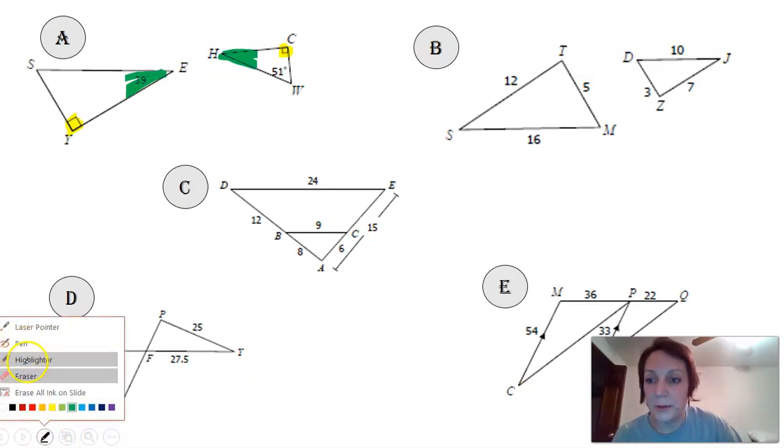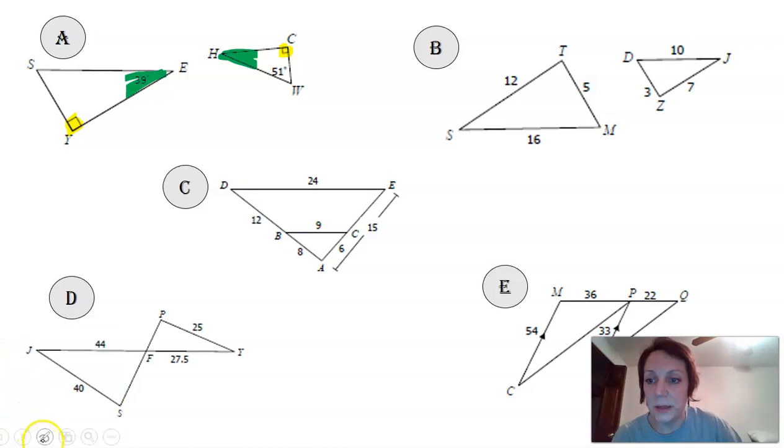I know that in any triangle, all the angles have to add up to 180. So over here, they didn't give me this one I need because of this 39. I need to know angle H. They gave me this 51 though. So if I add 90 and 51, oh goodness.